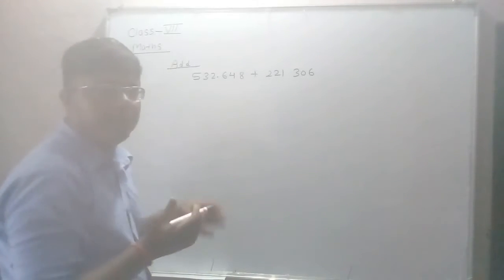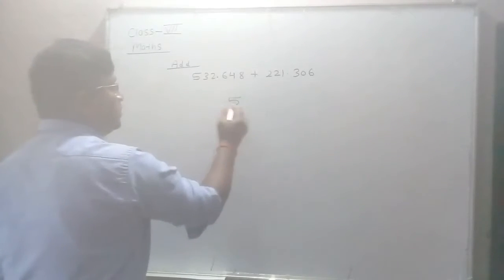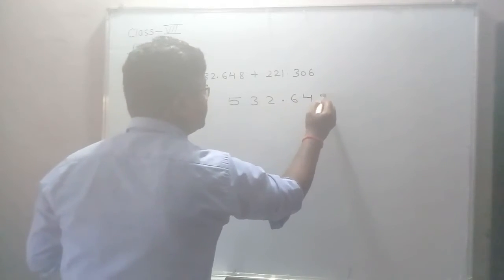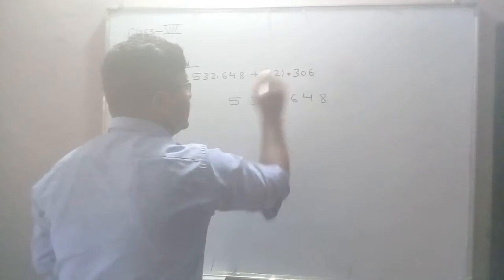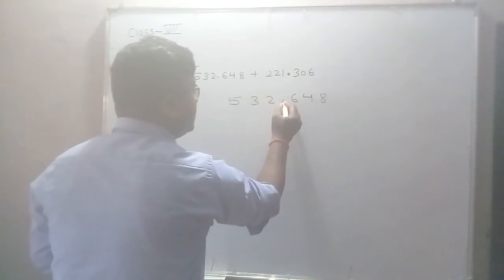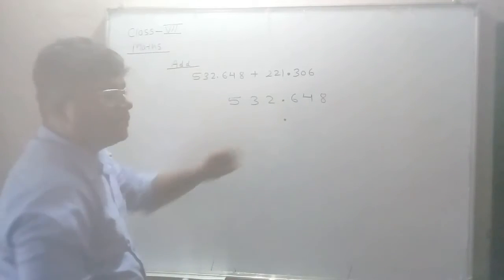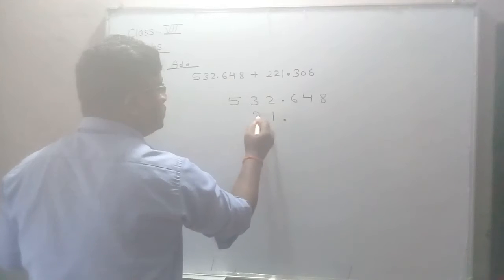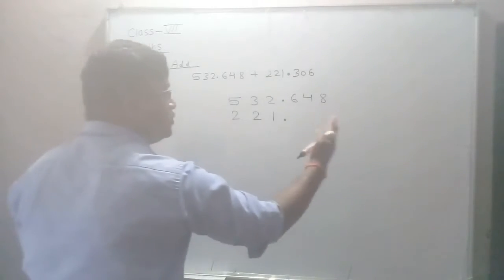I'll show you by the vertical way. First you write the first number, 532.648. After that, for the second number, you see where the decimal is. Put the decimal just below the decimal, there you have to give the decimal. Then the next numbers, 1 2 2, you write from right to left.